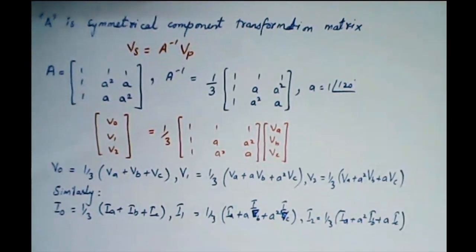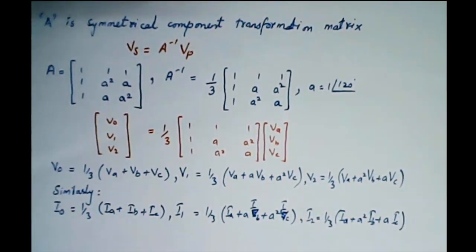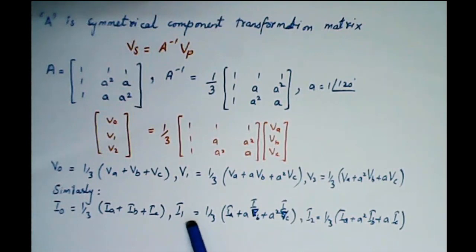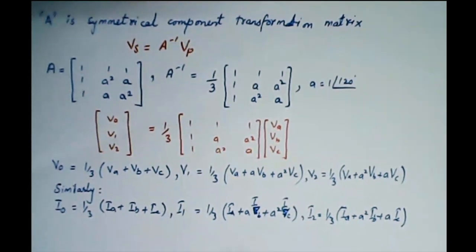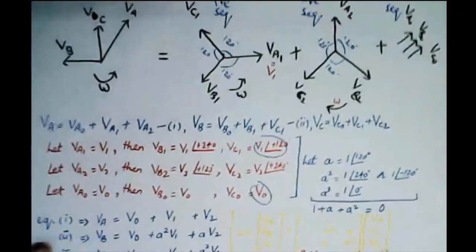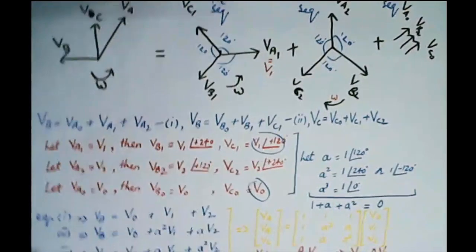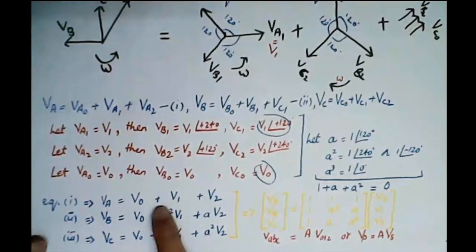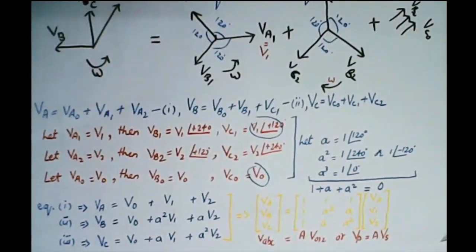Now this is the process for finding out the sequence components from the original phases, and if we want to find the original phases from the sequence components, then we have this equation which we already derived previously, right? This one. So I hope it is clear.